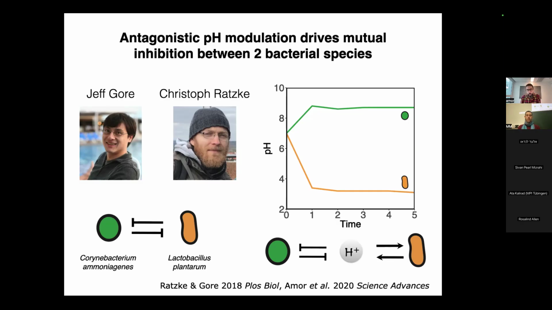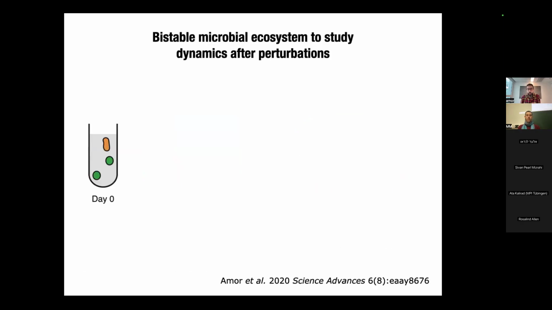So what we wanted is to make a community out of that and study its dynamics. So we do these daily dilution experiments in which we start with a low number of cells in the test tube, and we let them grow until they reach saturation, and then we take a sample and dilute it into a new test tube.